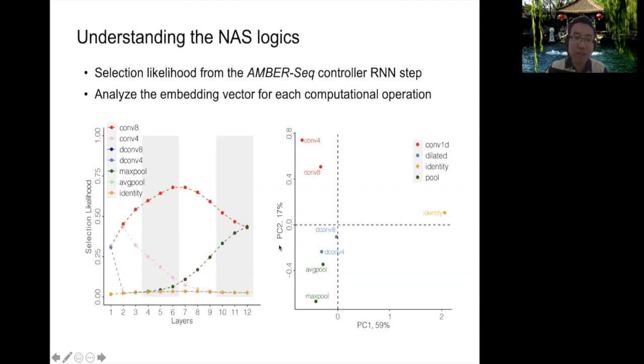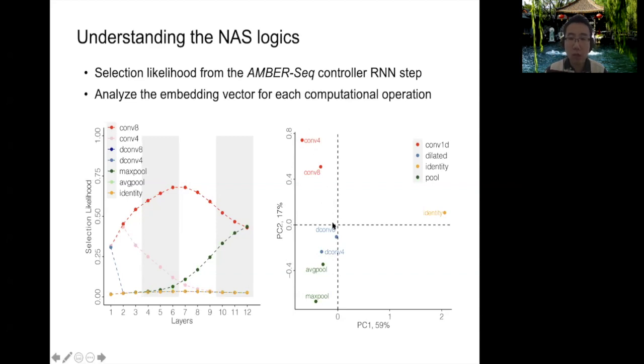And in the second PC, the operations are ordered sequentially as vanilla convolution, dilated convolution, and pooling operations. Again, this is interesting because dilated convolution will enlarge the receptive field in a way that's similar to pooling operations. At the same time, they will also perform convolution.